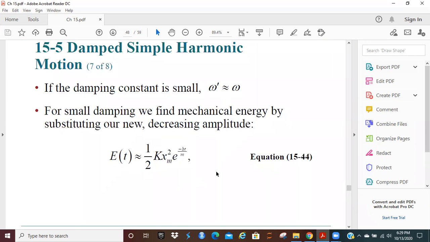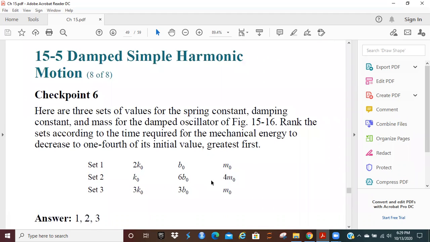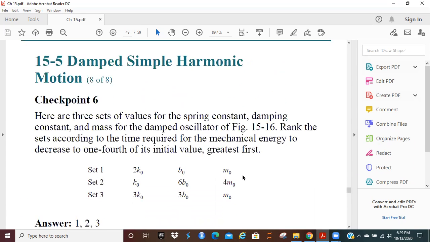So if we take a look here, which one of these is going to have it decrease to 1/4 of its initial value? Well, a lot of that is going to end up being dictated by b and m.